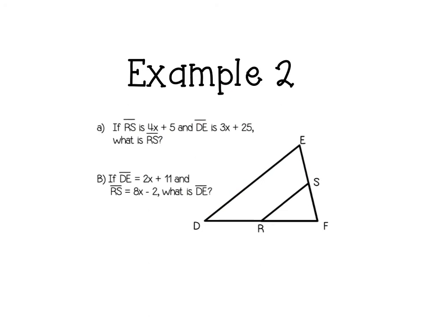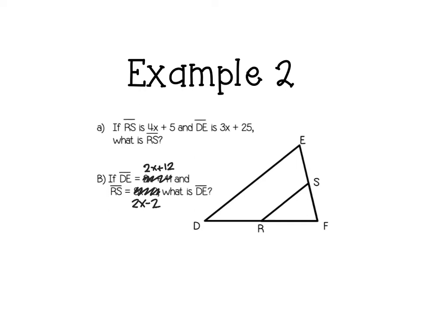Now we're going to look at an example that has some equations. The first thing I need to do is fix these on your foldable. I think this is 2x plus 12, and this should be 2x minus 2. The problem tells me that RS is the midsegment of triangle DEF.